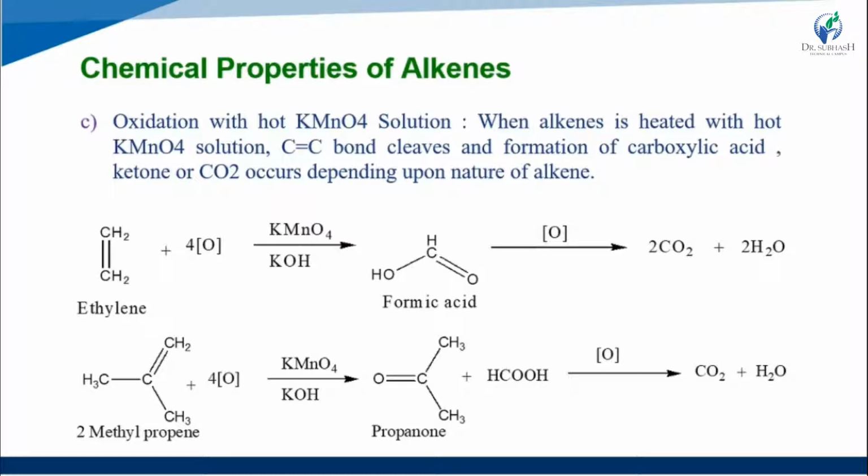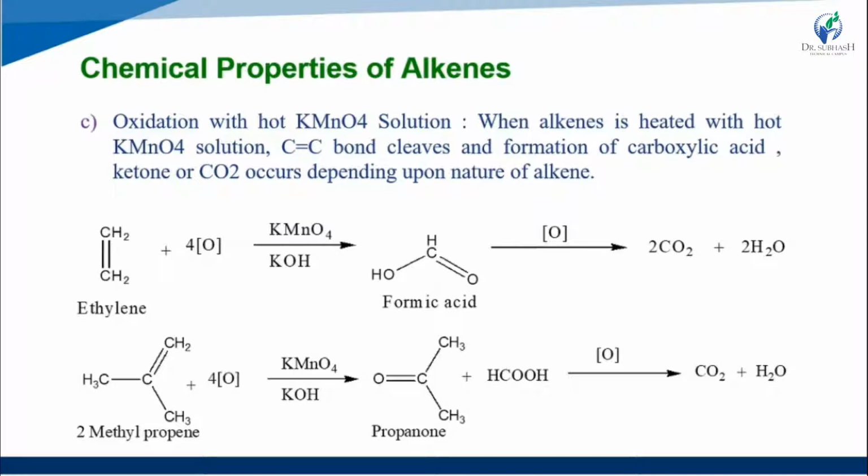So we take first ethylene, which reacts with 4 O in the presence of hot KMnO4 and KOH, making formic acid, and with further addition of oxygen, 2 CO2 and 2 water molecules are liberated. This is ethylene to formic acid formation.